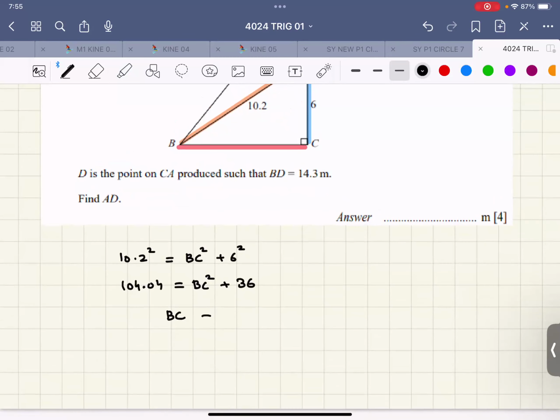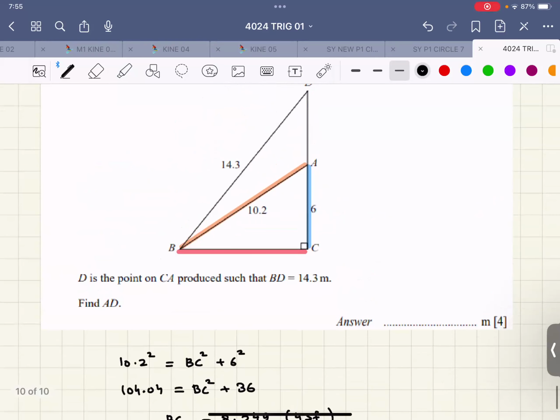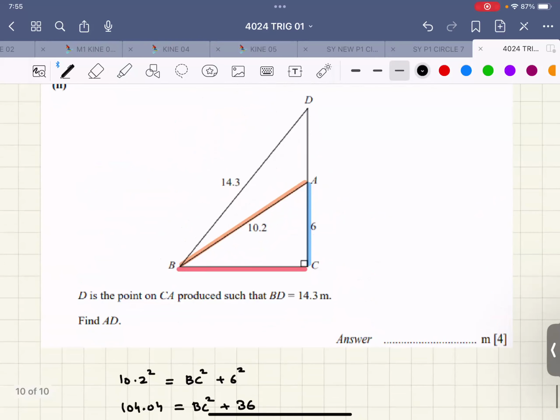So BC after rounding off is 8.249. This is 4 significant figures because you have to use it for the later part. So work in 4 SF. Now, once we have this, I can use this green length, that is the hypotenuse.